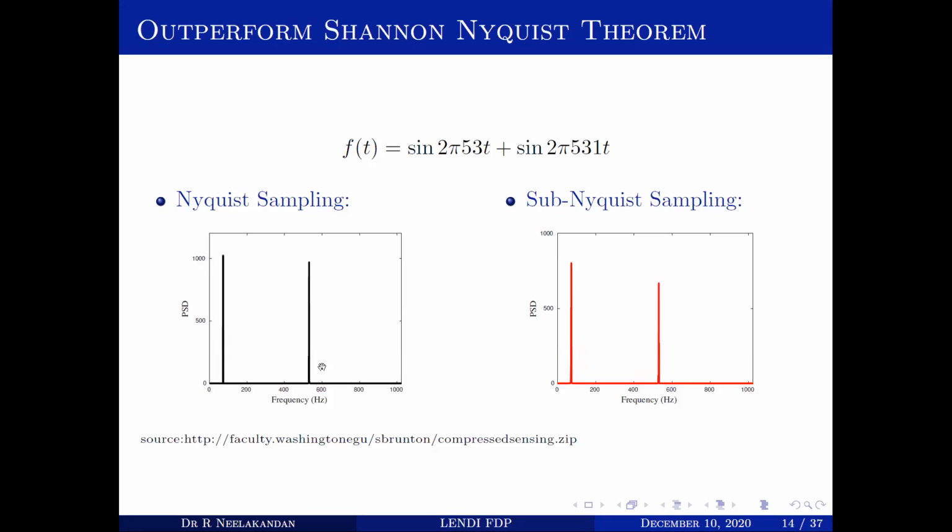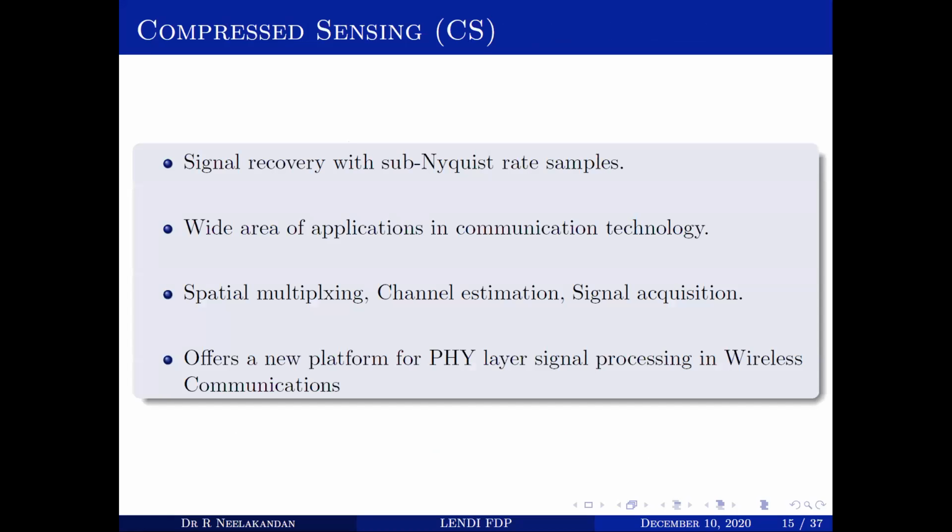Why we apply the CS framework for spectrum sensing is that in spectrum sensing, it is not my interest to decode the signal. My interest is whether communication is happening or not. So what are the underlying principles of the CS framework? One is signal recovery from sub-Nyquist sample rates, where we go far below what Nyquist dictates for sampling a particular signal.